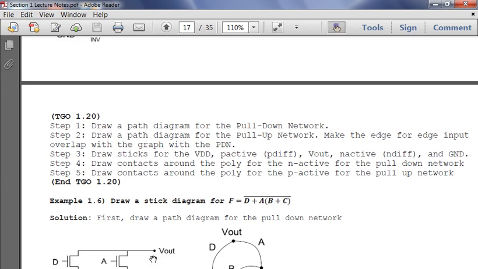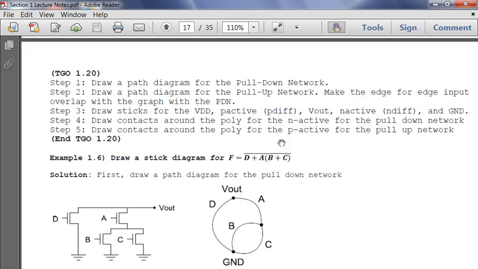So you want to draw the path diagram for the pull-down network. Sorry, it says pull-down network and then pull-up network here. So this one's from ground to V out, and then we'll do VDD to out. Then step 3 is kind of the same thing I did earlier.